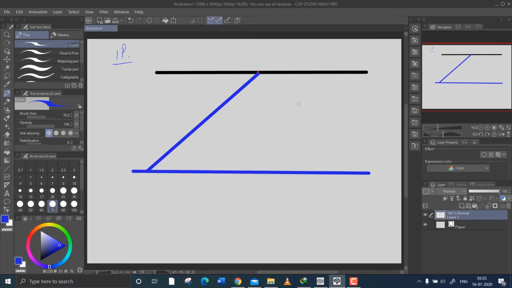Let's say this is the border of our screen. So these are all perpendicular lines, but they appear to converge to a point. This is 1-point perspective.